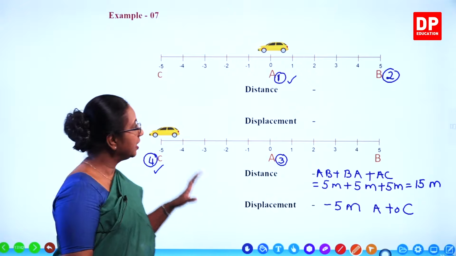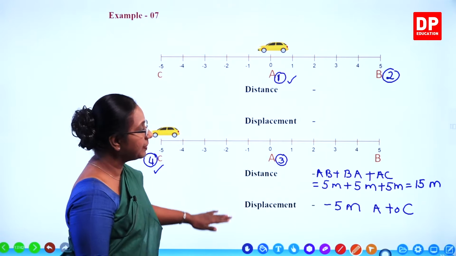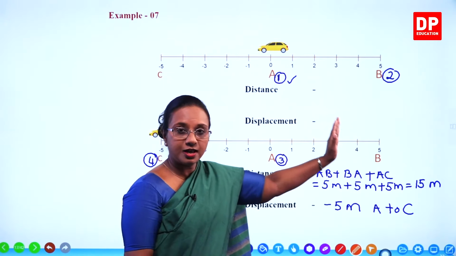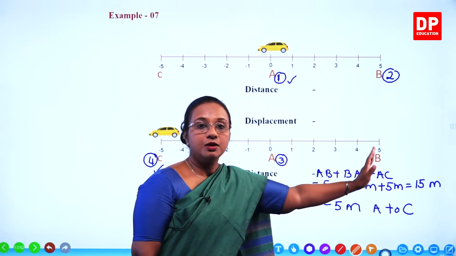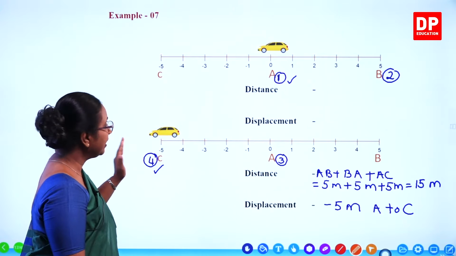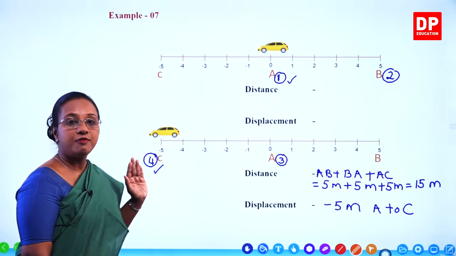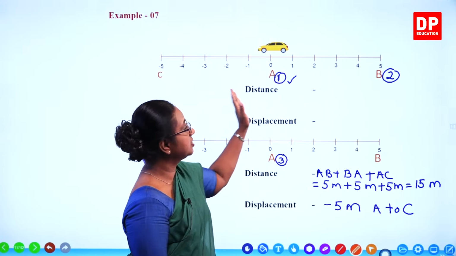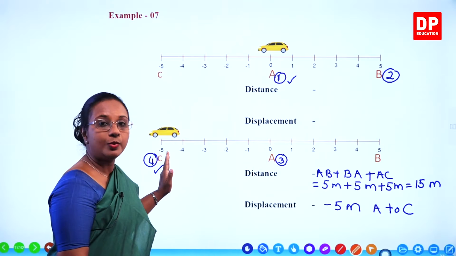So I hope you have understood this example clearly, where a car is going in one direction, turning back, moving to the initial position, and thereafter moving a further distance of 5 meters. When we consider the distance, we just add up all the values.